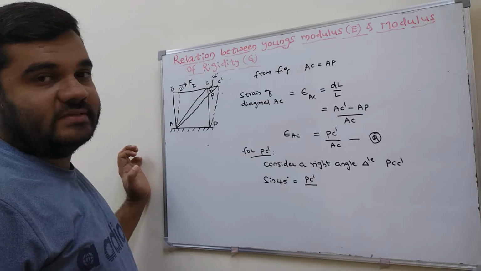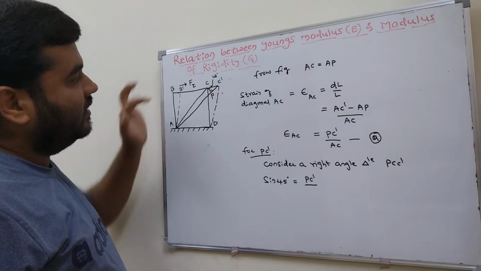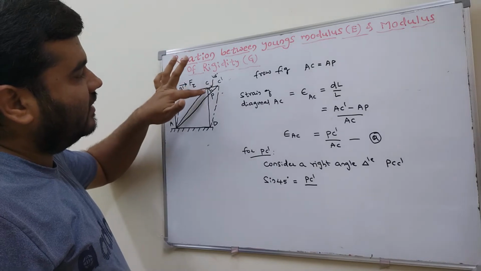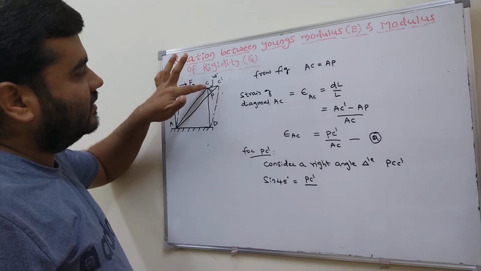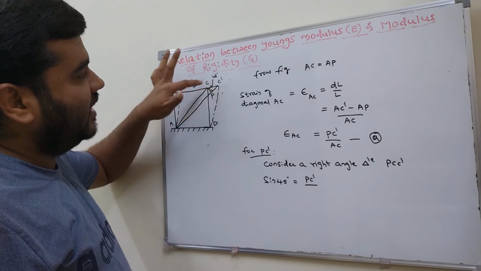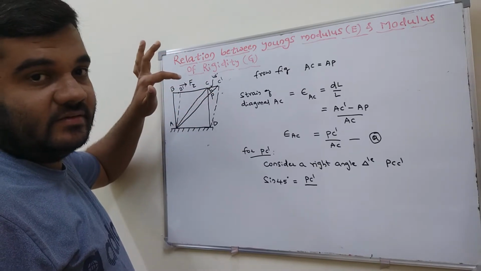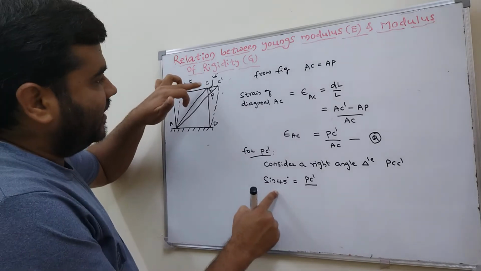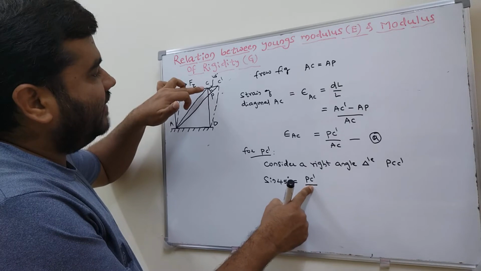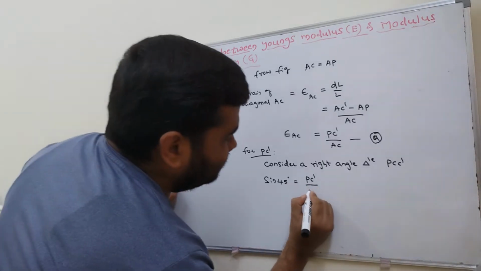Which one is the hypotenuse? CC dash, because these two are perpendicular. CP is the adjacent side. So sin 45 equals opposite PC dash divided by hypotenuse CC dash.